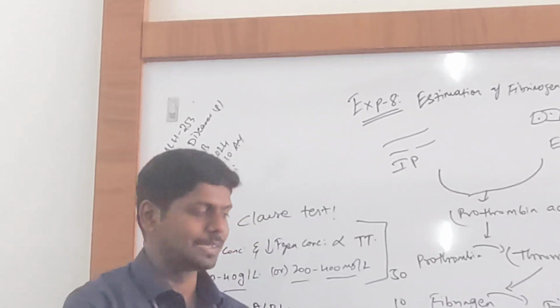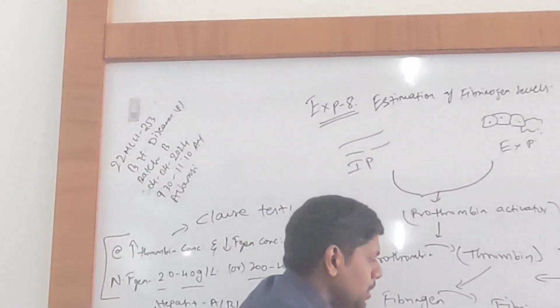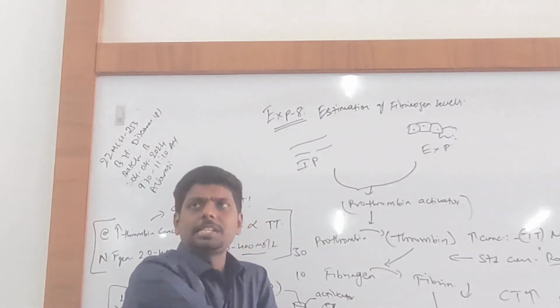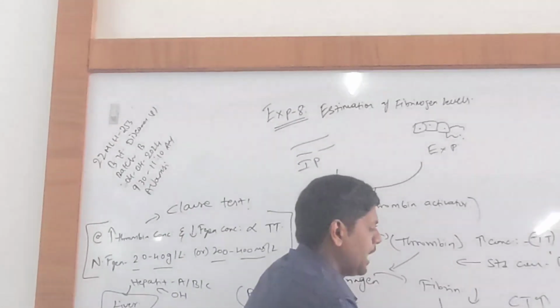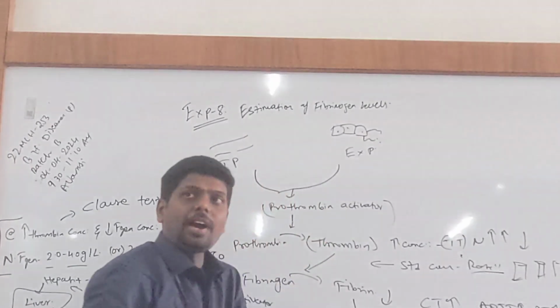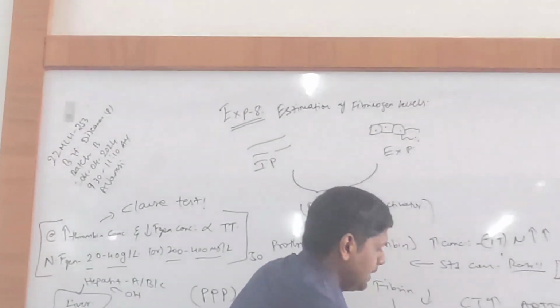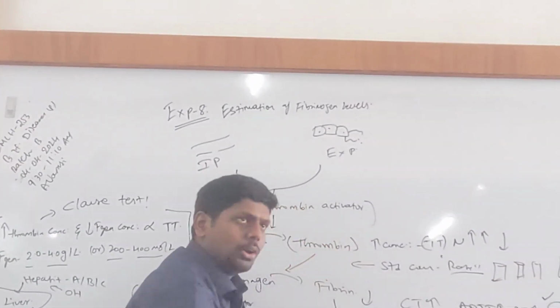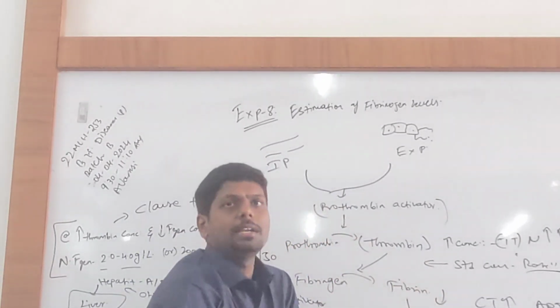The reason is, listen, this clot will be removed by a mechanism, if you remember. That is called the fibrinolytic mechanism. In the fibrinolytic mechanism, what happens? There is something called plasmin, a scissor molecule we can say. So plasmin will cut the fibrin.